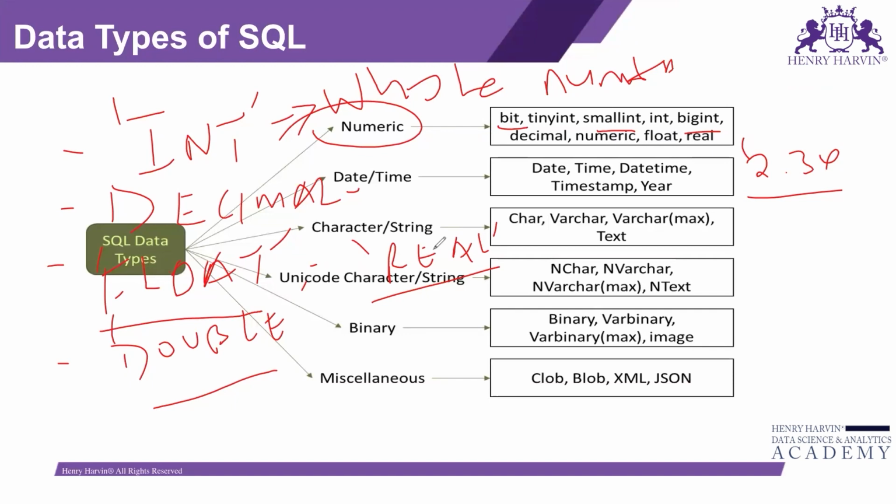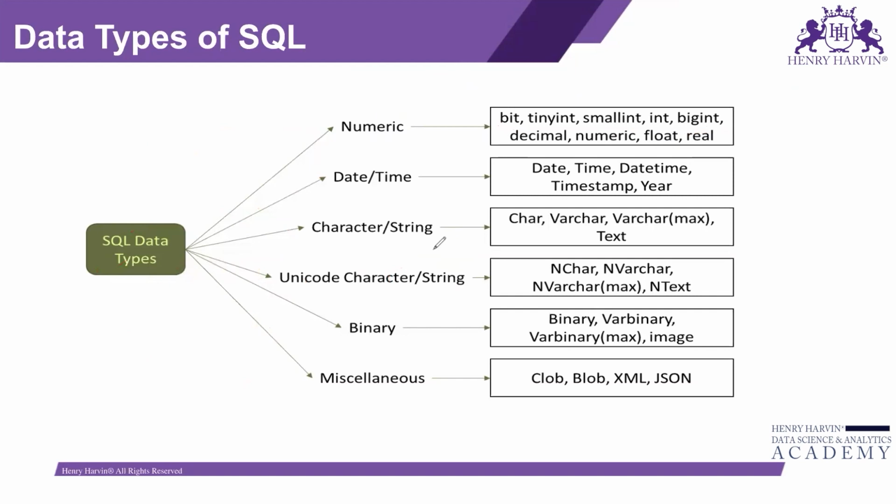Then after the numeric, we have also what we have as date time. The date and time data types we use so that we can represent the date and time. Here we have things like the date itself.